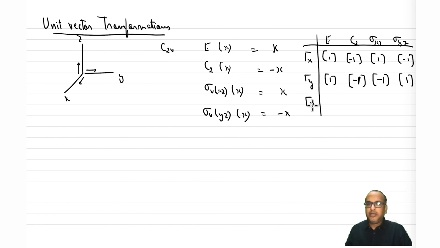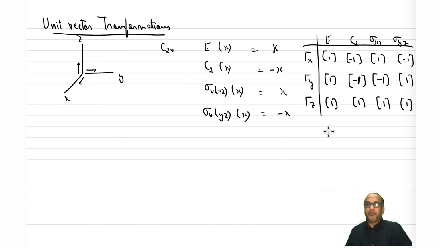Now tau z, what does it give you? E operating on z will give you z back. C2z operating on z will give you z back. Sigma xz on z will give you z. Sigma yz on z will give you z, right?